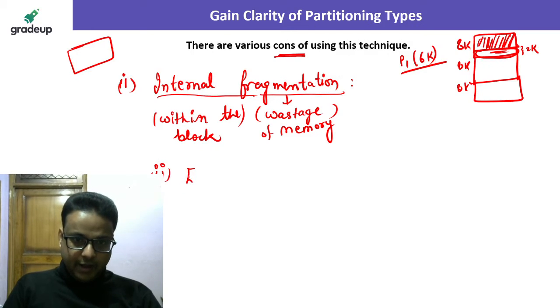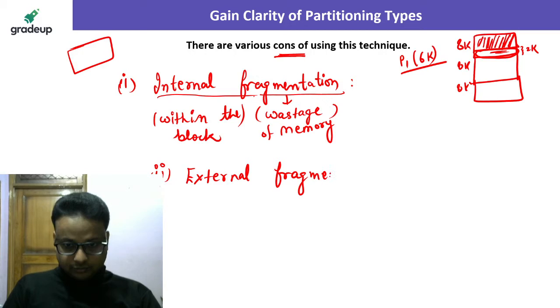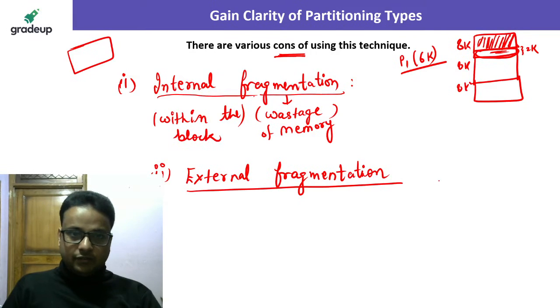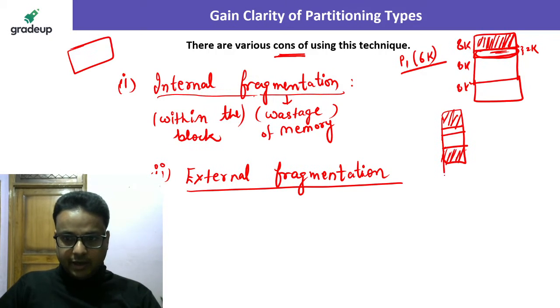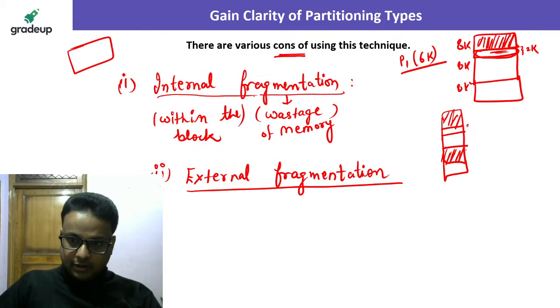Now the second is external fragmentation. What is external fragmentation? Suppose we have memory like this, and some process is allocated here, and some process is allocated there, with free areas of 2K and 6K.